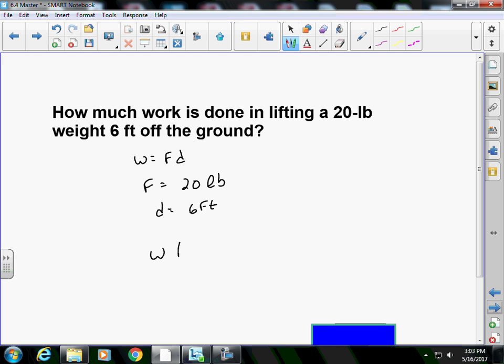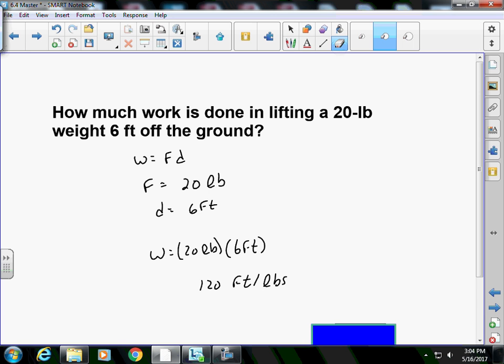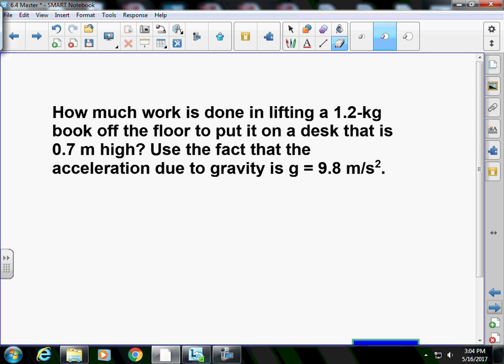So the work is equal to 20 pounds times 6 feet, or 120 foot-pounds. And again, that's very simple. We're just lifting it straight up.